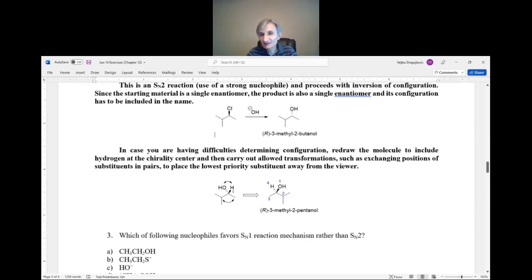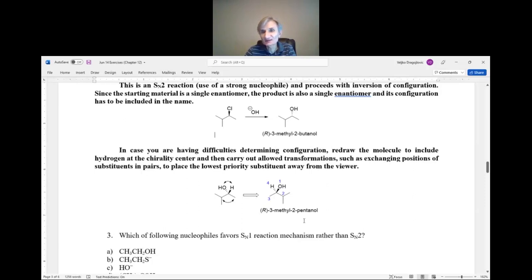So to send it back, you flip positions of OH and H, so that way hydrogen is at the back. But to keep the enantiomer the same, you also have to flip positions of the other 2 substituents, isopropyl group and methyl group. So at the same time, you flip all those. That really amounts to rotating it in space. Alternatively, you can make a model and then determine from the model whether it's R or S.